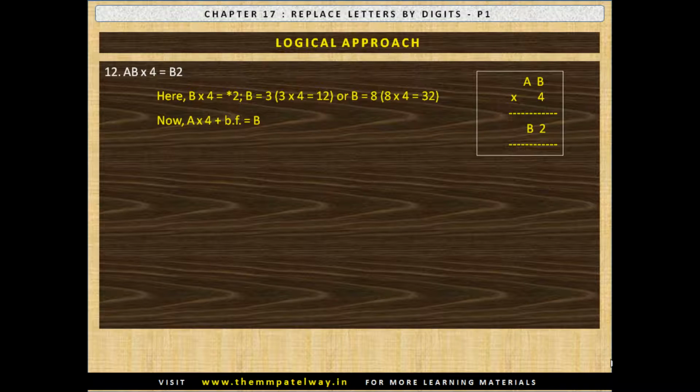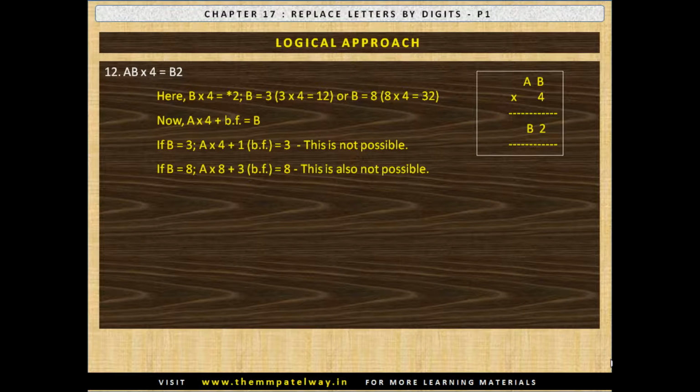Now A into 4 plus the carry forward digit should equal B. If B is 3, then A into 4 plus 1 equals 3, and this is not possible. If B equals 8, then A into 4 plus 3 equals 8. This is also not possible. Hence, this is an impossible situation.